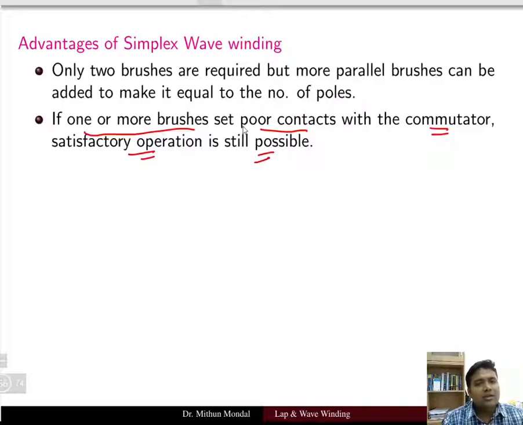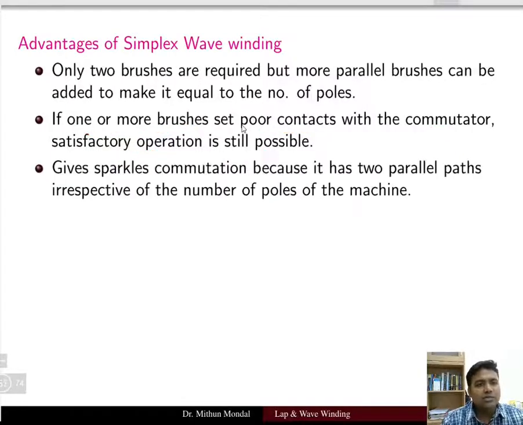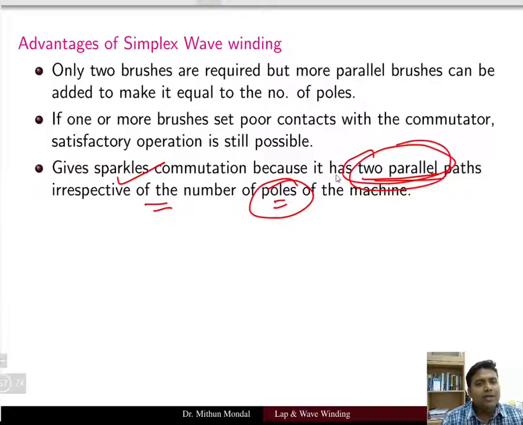So it doesn't fail if some of the brushes do not have good contact with the commutator. It also gives sparkless commutation because it has only two parallel paths irrespective of the number of poles of the machine. Like in lap winding, your number of parallel paths depends on the number of poles. Here, since it has only two parallel paths, it gives sparkless commutation.